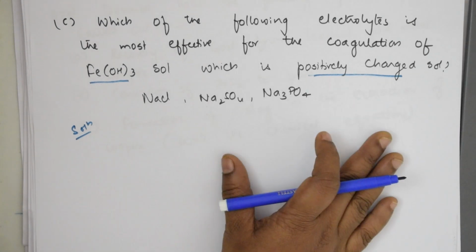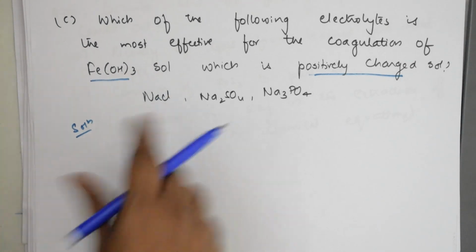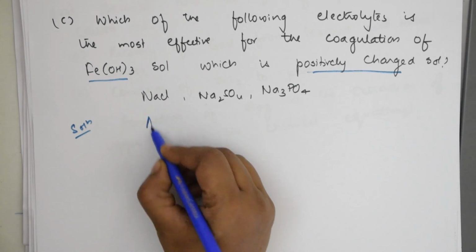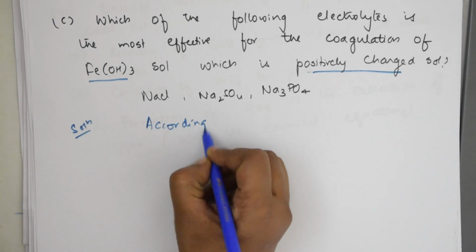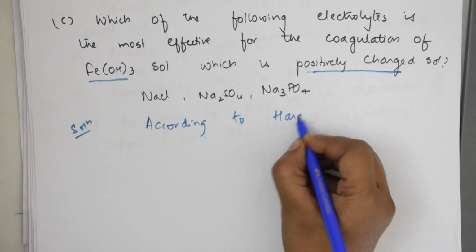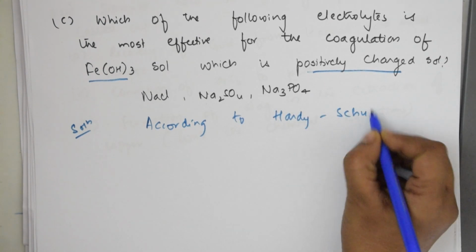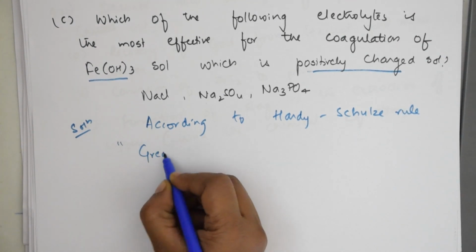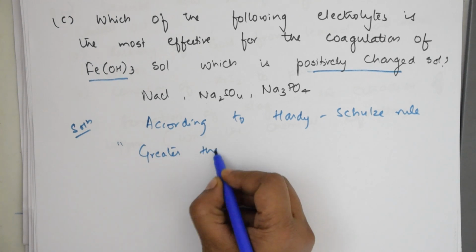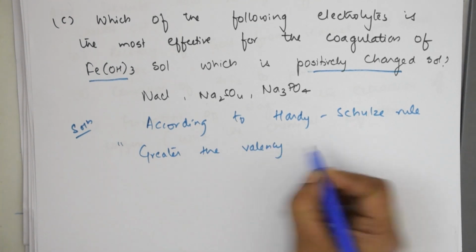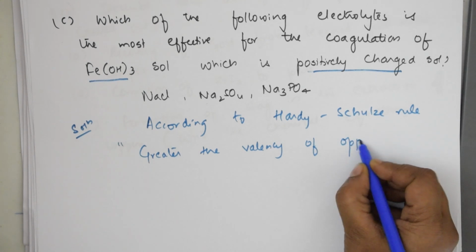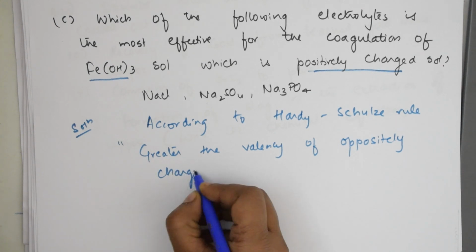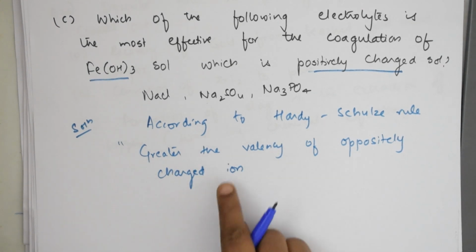Simple. First of all, when you are speaking about a positive charge and a negative charge, the rule which applies here is the Hardy-Schulze rule. What is the Hardy-Schulze rule? Let us write first. They said the greater the valency of the oppositely charged ion of the electrolyte, the greater is the coagulation.